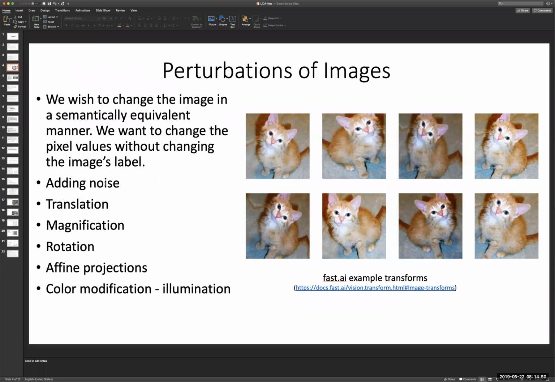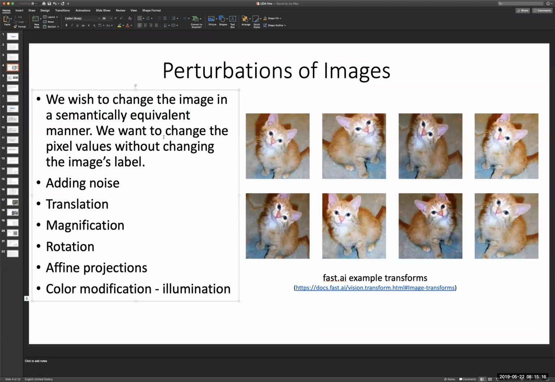So there are, for images, quite a few possibilities for coming up with new images for training. But clearly, some of them are not semantically equivalent. Here's the term that's important here, semantically equivalent.